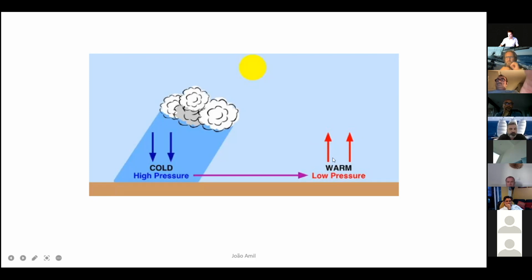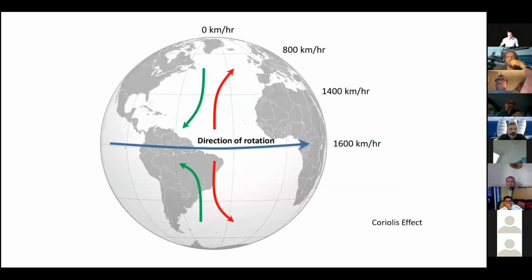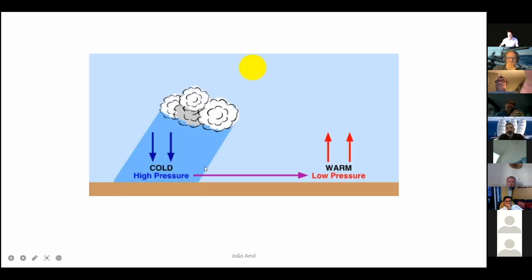Basically, the pressure here is low because you're losing air, so to say. So basically, the wind is created by differences in temperature in different places, and will have the tendency to move, by this very basic concept, from high pressure areas to low pressure areas.